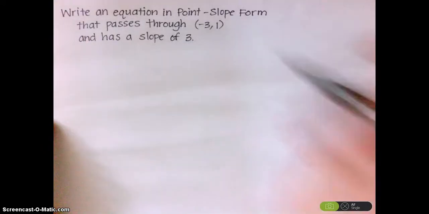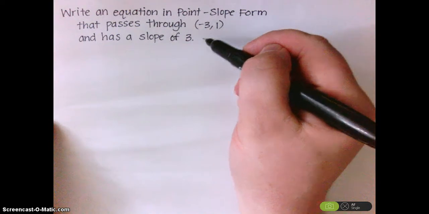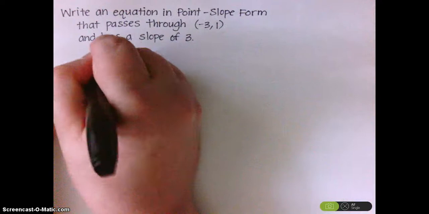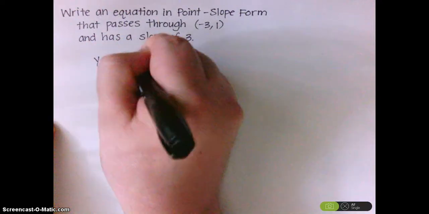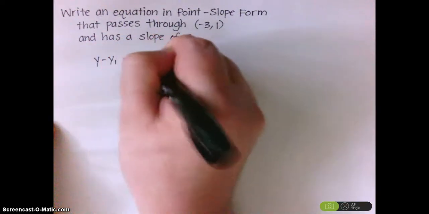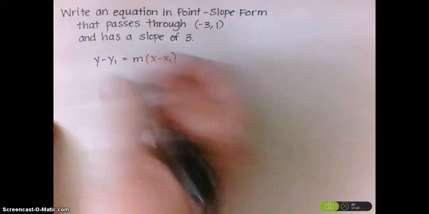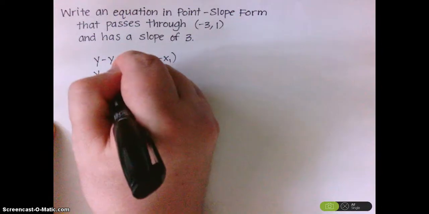This time we're given a different point, (-3, 1), and also the slope of the line, which is 3. So let's start with our general form. y minus y1 is equal to m times (x minus x1). Let's plug in what we know. The y1 is 1.